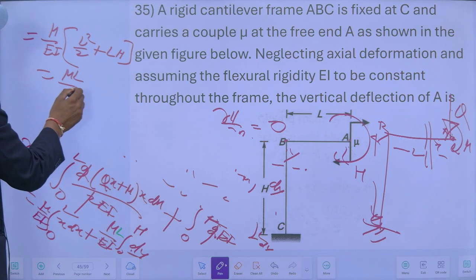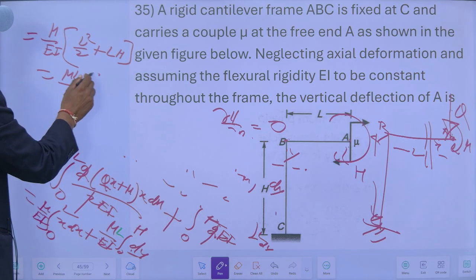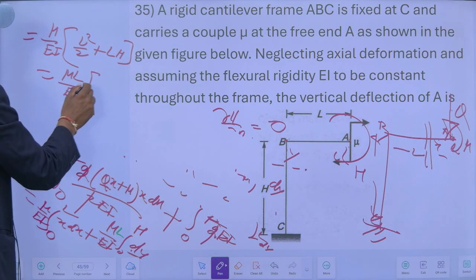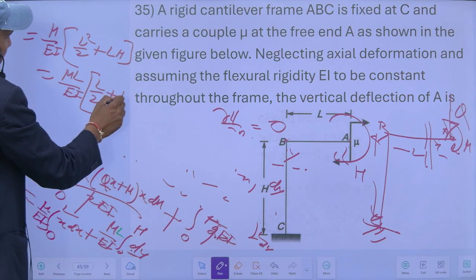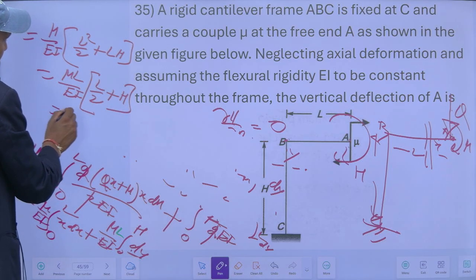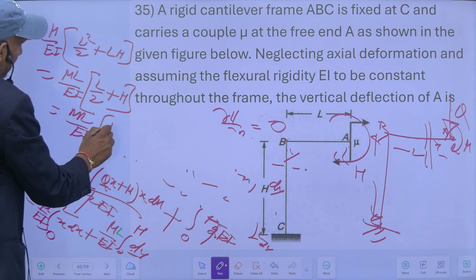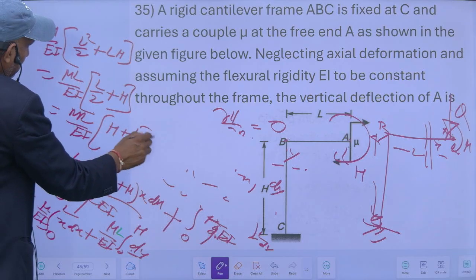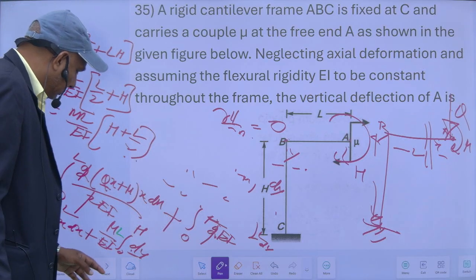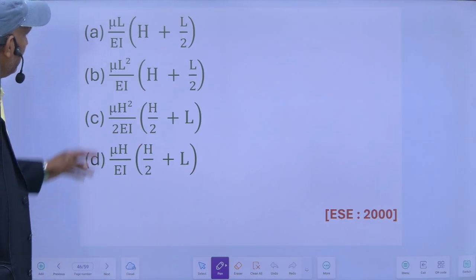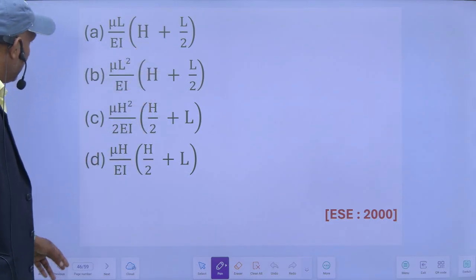It will be Mu L upon EI into (H plus L by 2). So Mu L upon EI (H plus L by 2).